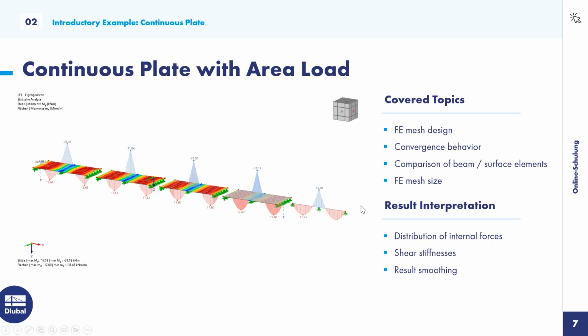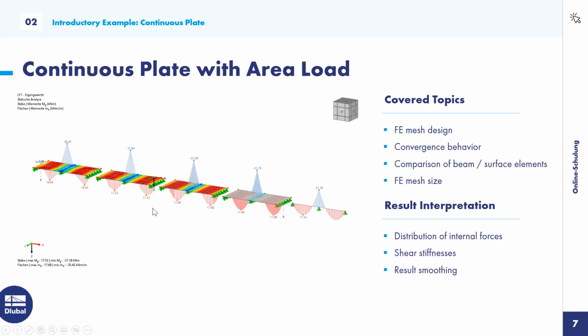First, let's talk about our investigation, what we're going to do in the first model. We're going to investigate a continuous slab. We see it right here. It's just a slab with 3 line supports, one in the middle and one at each end.